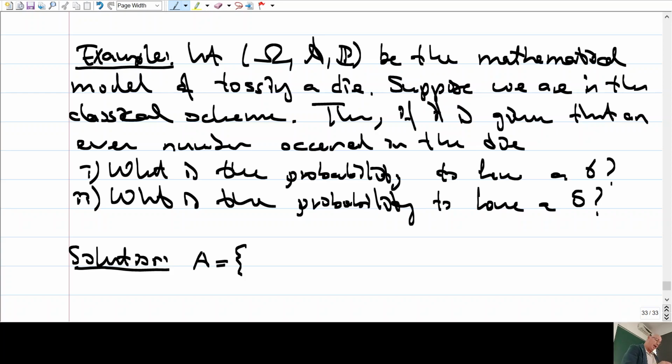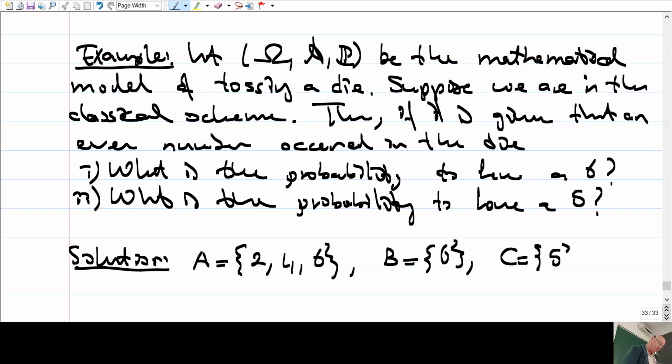We are given that an even number occurred on the die, right? So we take A to be the possible even numbers on the die. B is 6 and C is 5.